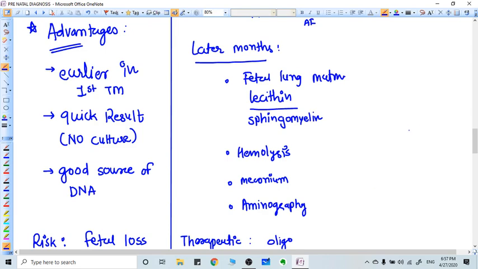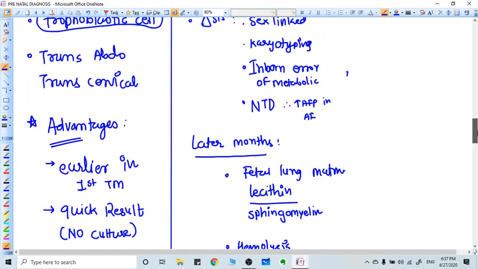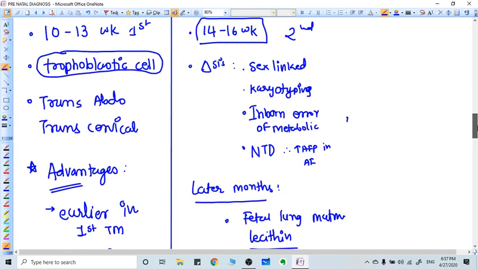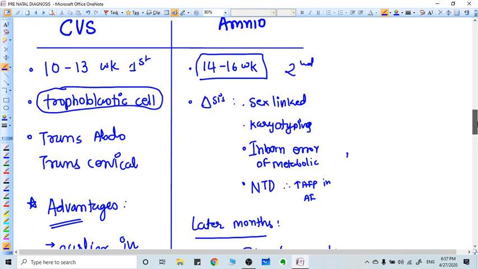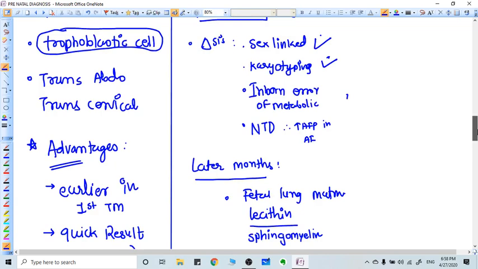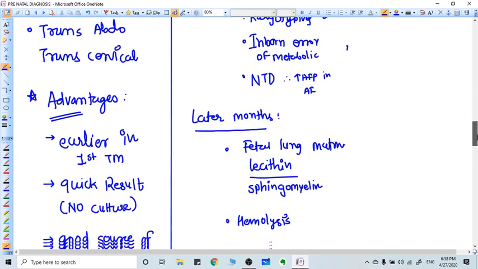So there are some advantages related to other obstetric problems. And as usual, in amniocentesis we also get the DNA tissues, and all the sex-linked diseases, trisomies, and nuclear problems we can identify in amniocentesis also.